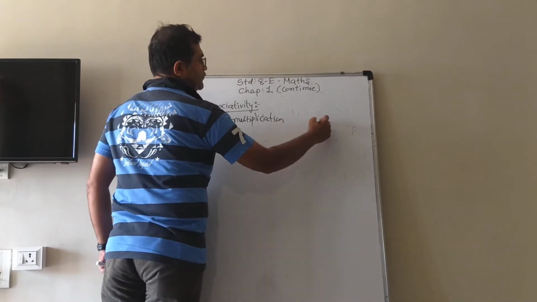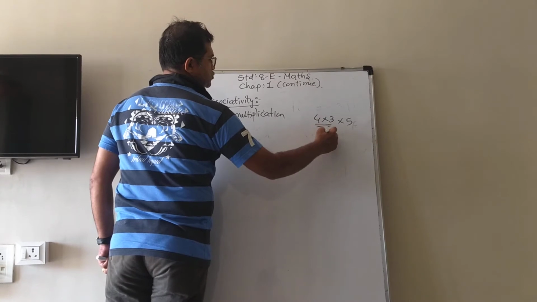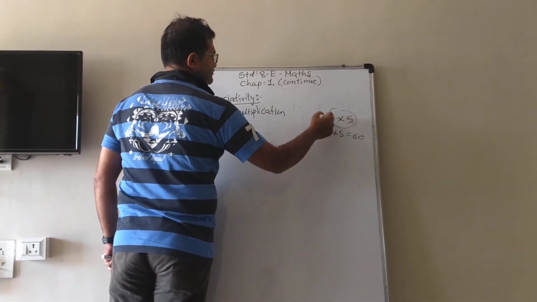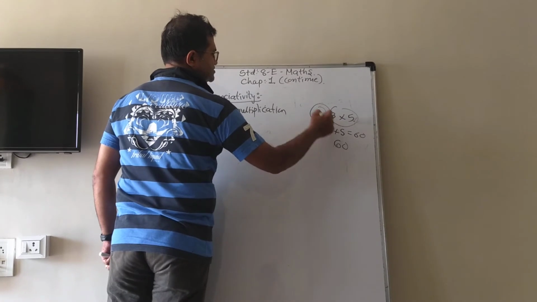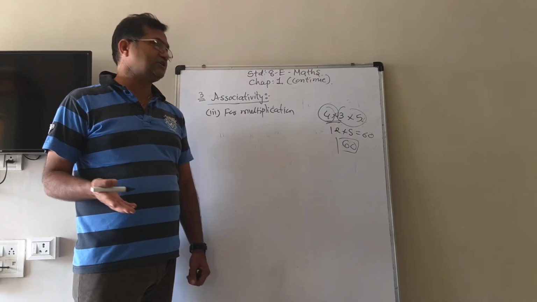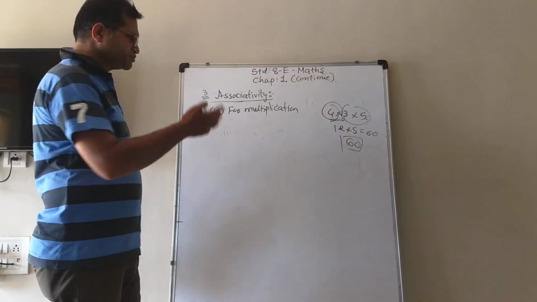We know that 4 multiplied by 3 multiplied by 5. If you do 4 3s are 12, 12 5s are 60. Also, or you can do 3 5s are 15, 4 15s are also 60. It means that associativity is true for the operation of multiplication.